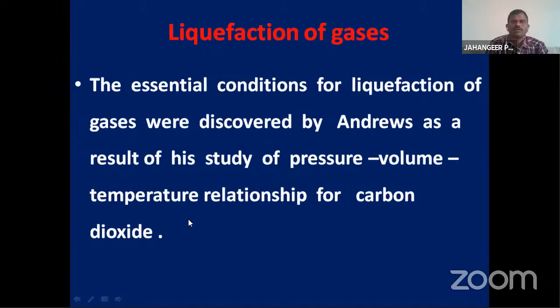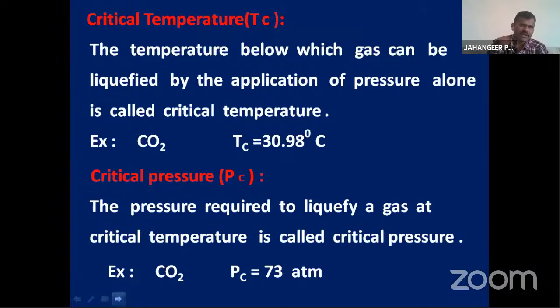Okay. So what are the conditions required for liquefaction of gases? One is temperature and the other is pressure. These are the two important factors. By decreasing temperature and increasing pressure, we can convert the gaseous state of matter into the liquid state. While converting a gas into a liquid, some critical constants play a very important role.